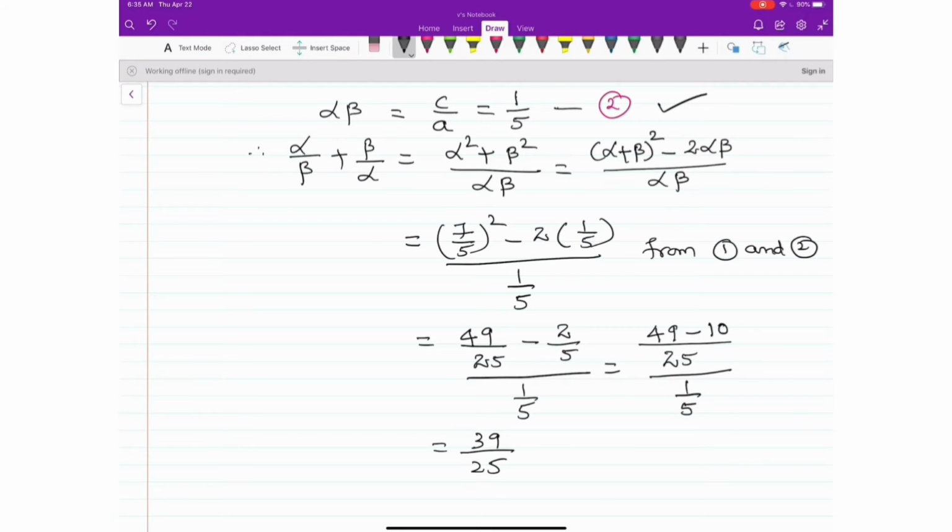This 5 goes to the numerator, so one 5 cancels with 25 and I get 39/5, which is 7.8.